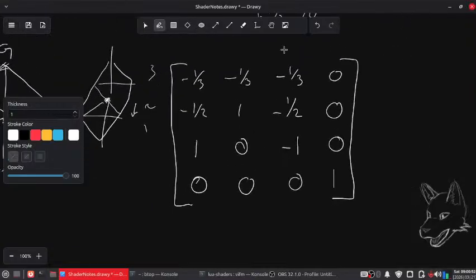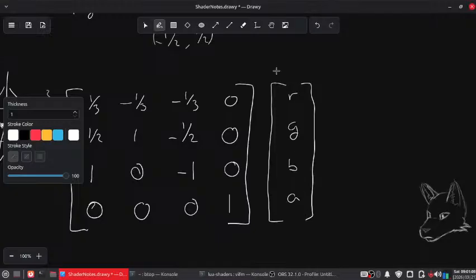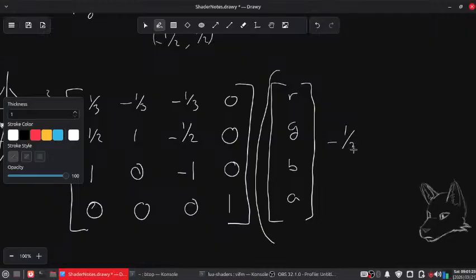We know that this is the case. This is the proper matrix. And this is multiplied by RGBA minus half. Right.